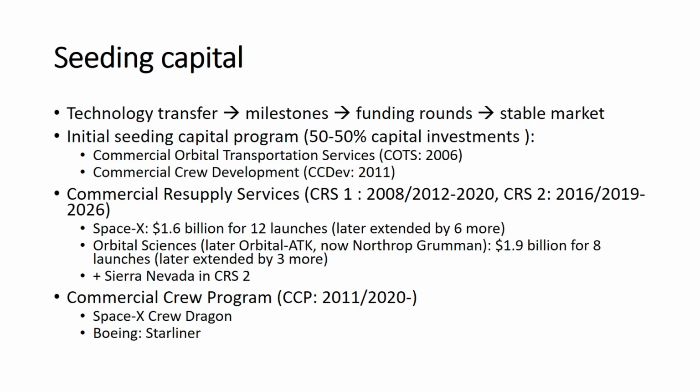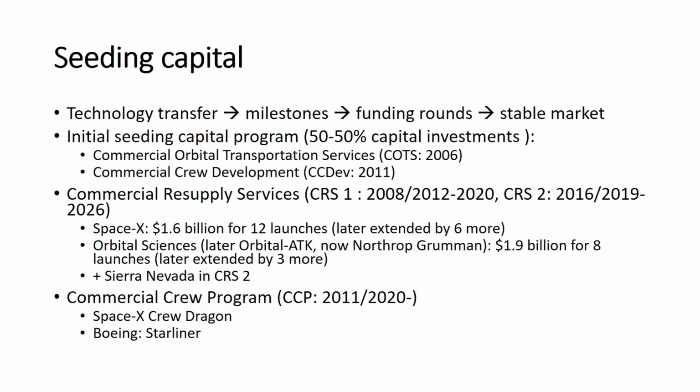And this procedure goes on through different funding rounds, and usually the money is increasing. So in the second round, during the COTS or the CRS contracts, there were negotiations about several hundred million US dollars, and once you get the contract, then you are stepping into the billion stage.